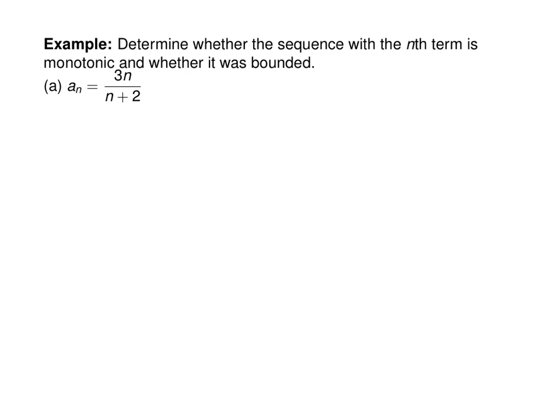So let's determine whether this sequence with the nth term is monotonic and whether it is bounded. We already discussed this example. We know that this is monotonic from a previous example, and we know that the terms are gradually getting larger. So let's look for a lower bound.